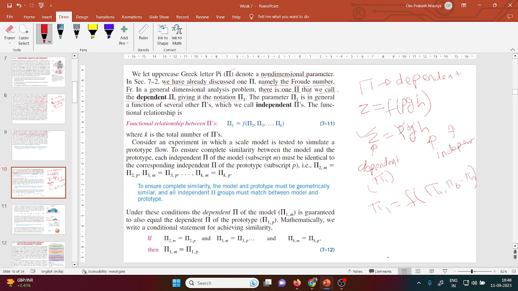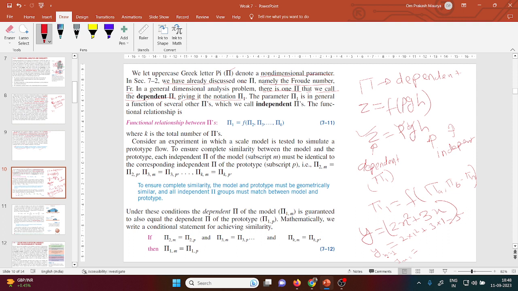If something is given here, let's say y depends on 2x squared plus 3x. As you put in a value of x, let's say x is equal to 1, then y is 2 into 1 squared plus 3 into 1, how much? 5. At x equal to 2, you are changing the value of x, so x is the independent.